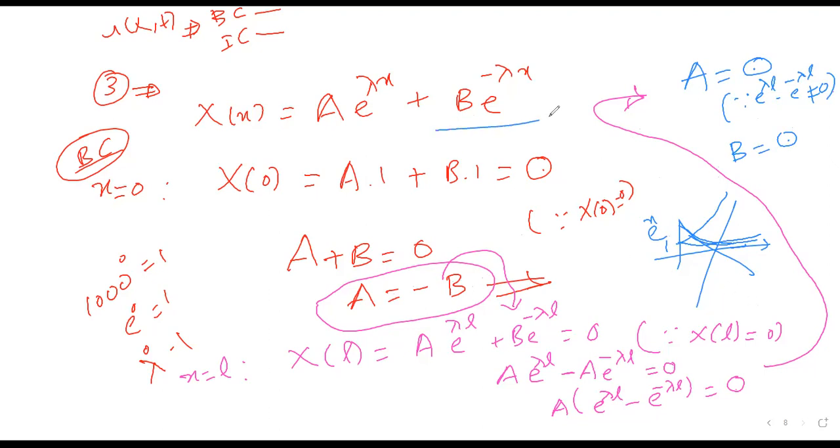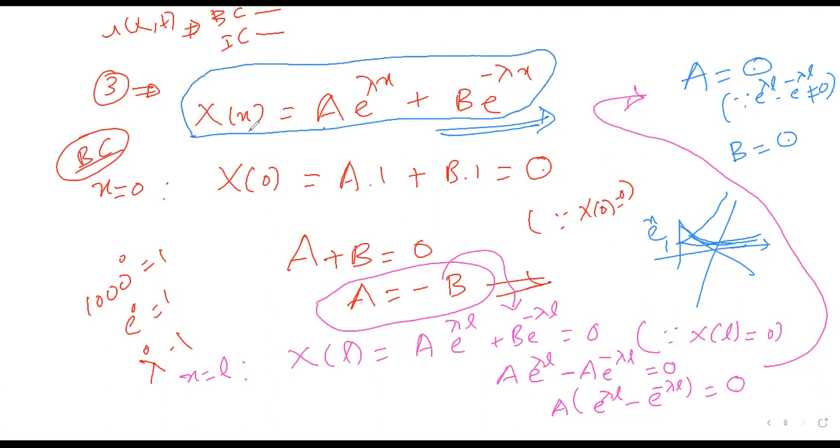See here, this equation is my answer. I'm saying x equal to a e to the power lambda x plus b e to the power minus lambda x, and then only I'm using my boundary condition to solve it, where I have found a is 0 and b is 0.